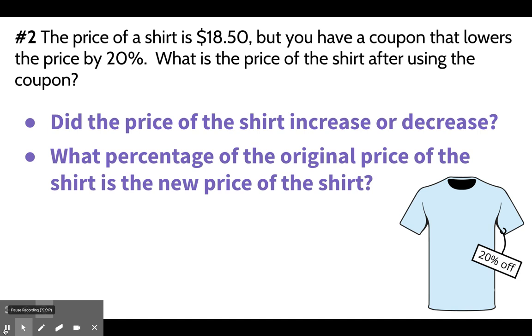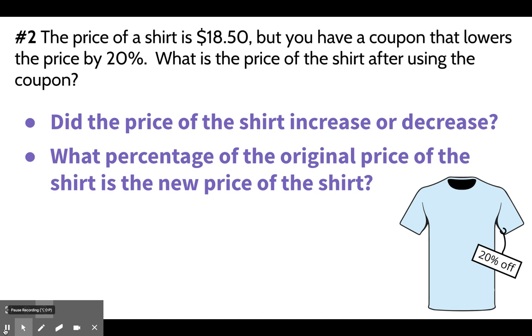If I did 20% of 18.50, that's 0.2 times 18.50. And when I put that into a calculator, that gives me 3.70 once again. So instead of adding 3.70 to the price like we did in the last problem, because we're lowering the price, we're going to subtract it.